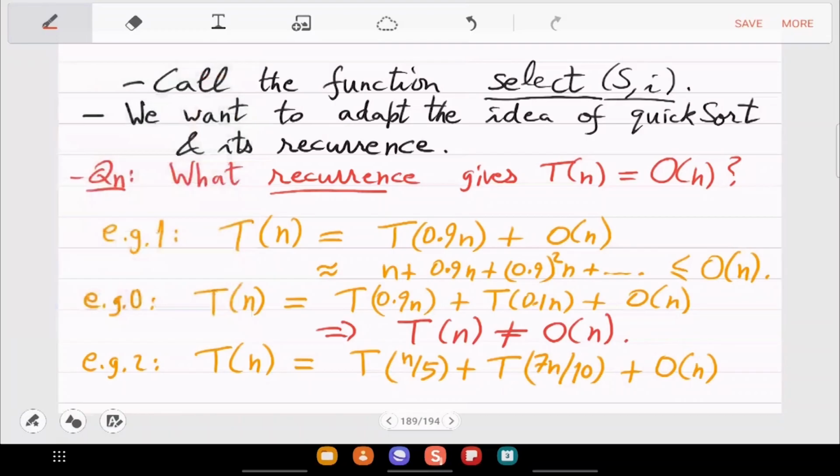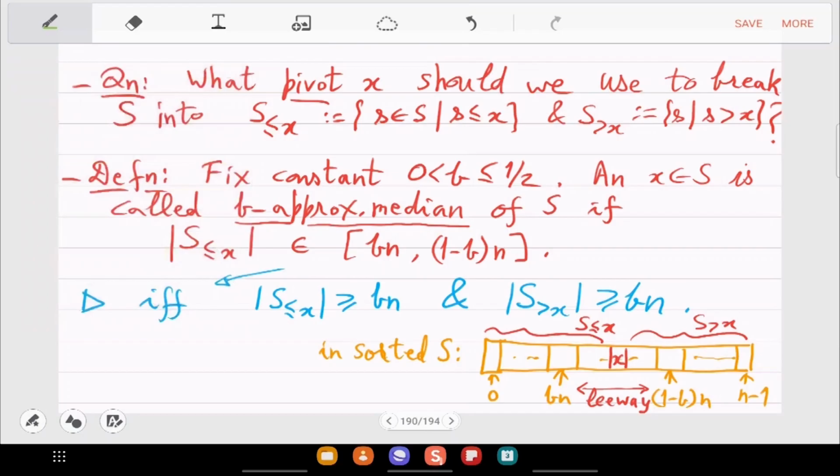Second is what pivot will give you this property. That pivot will be an approximate median. So the thing in blue is important. We want a pivot x so that the elements less than or equal to x are at least some fraction of n, and also the elements greater than x are at least the same fraction.